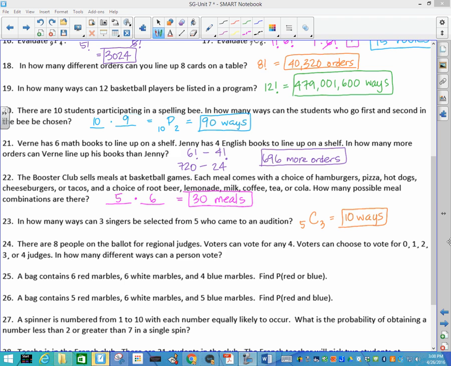Okay? There are 8 people on the ballot for regional judges. Voters can vote for any 4. Voters can choose to vote for 0, 1, 2, 3, or 4 judges. How many ways can a person vote?